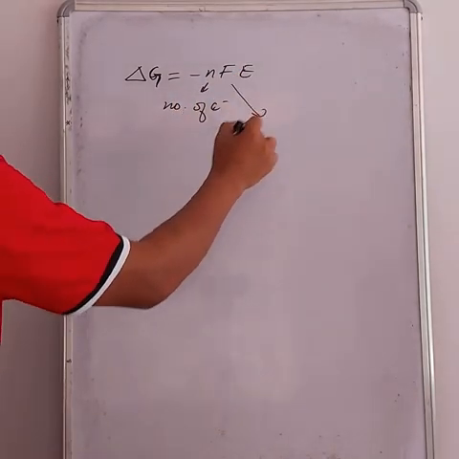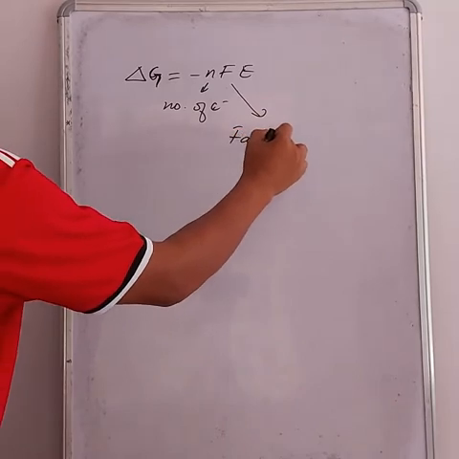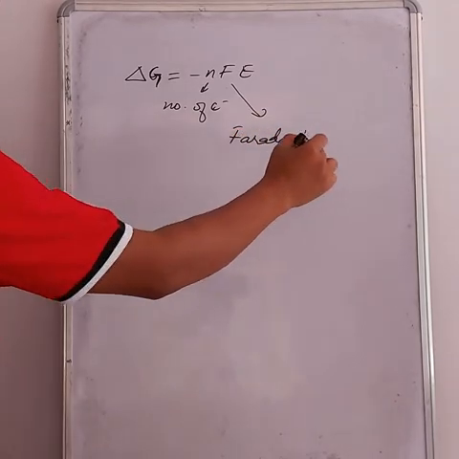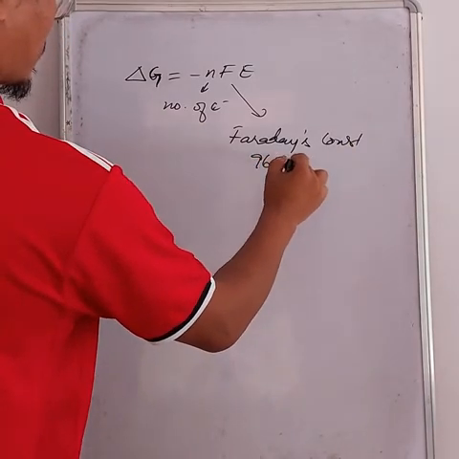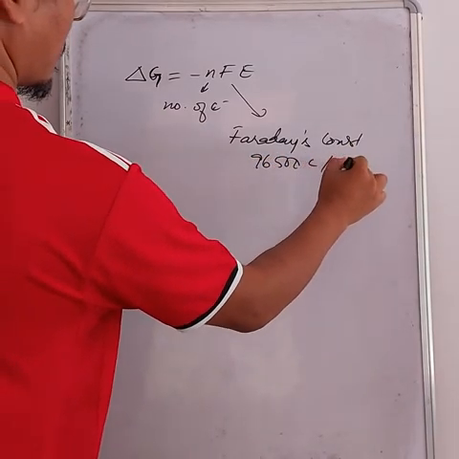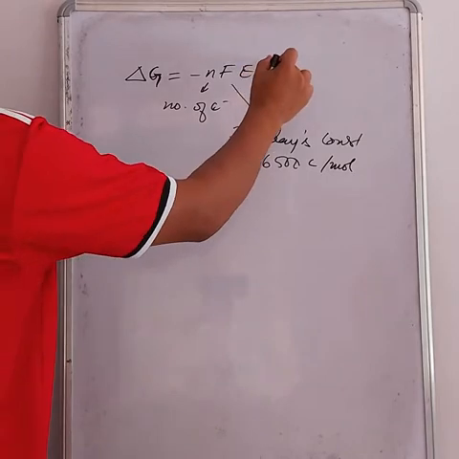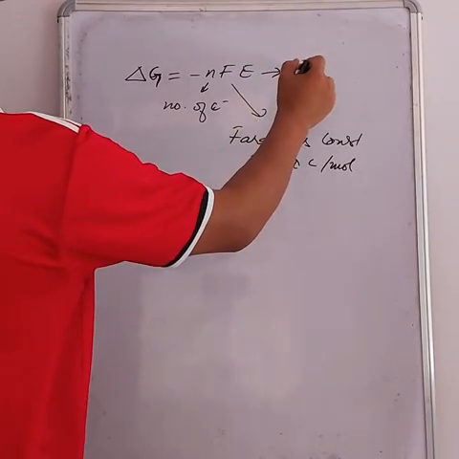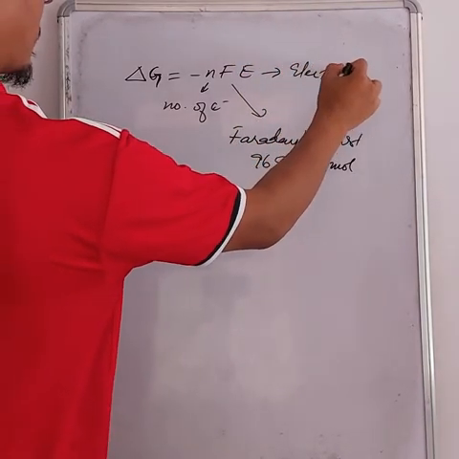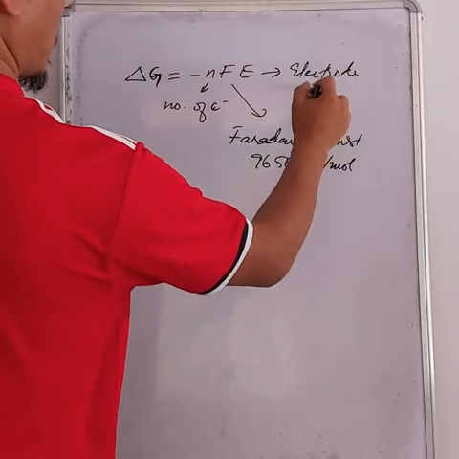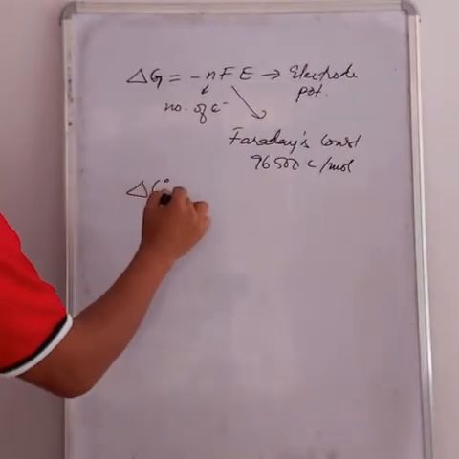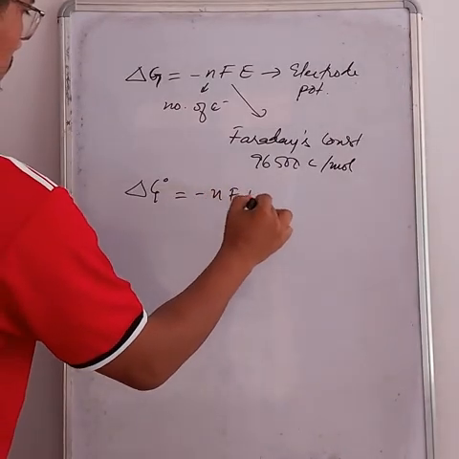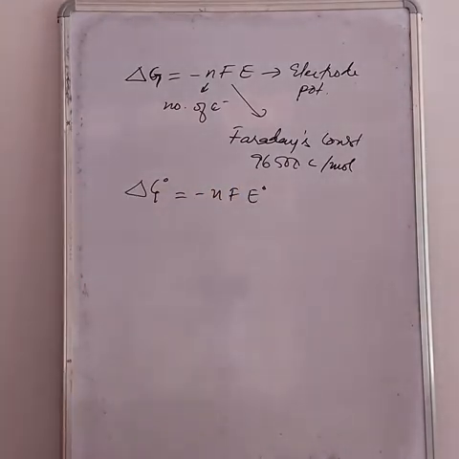F is our Faraday's constant, which has a value of 96,500 coulombs per mole. And then this is our electrode potential. So if it is our standard Gibbs energy change, then we'll have the standard electrode potential for that particular cell.